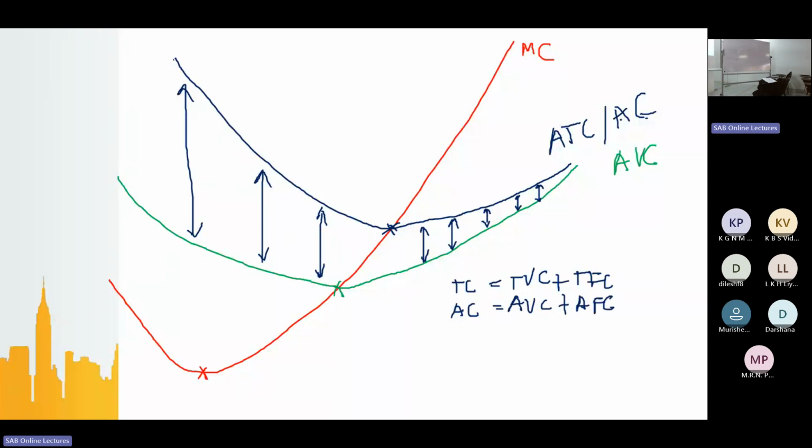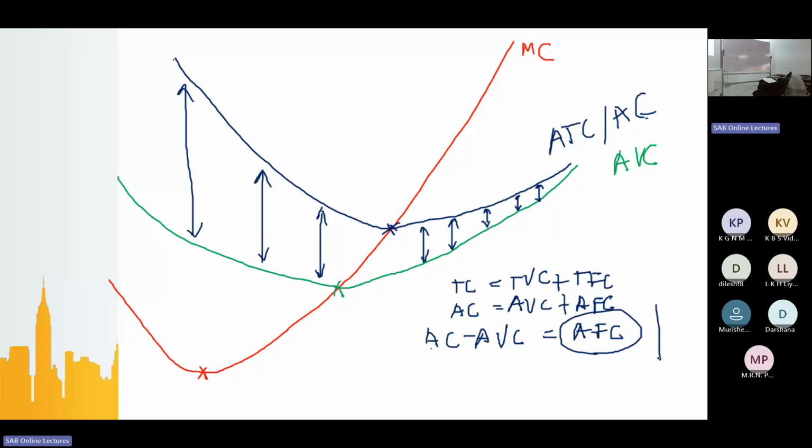The vertical gap between average cost and average variable cost is the difference between them. What is it? Average fixed cost. So the reason for this decreasing gap is average fixed cost.